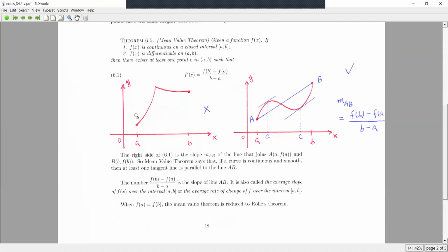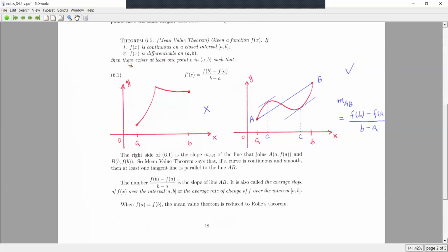So this function is not differentiable at a corner, not differentiable everywhere between A and B. How about this curve? Yes, this curve has no corner. It is smooth everywhere. So this curve satisfies condition number 2.